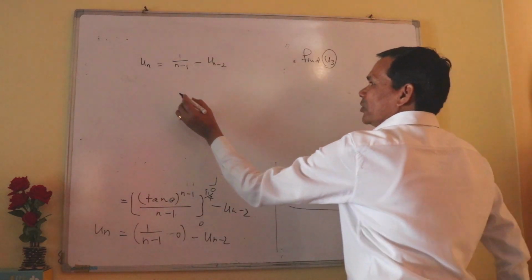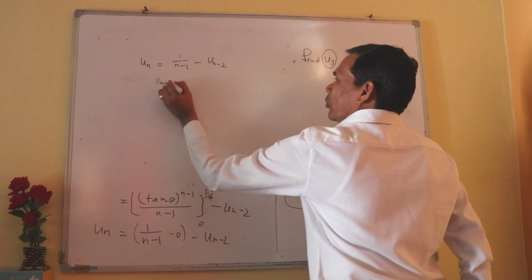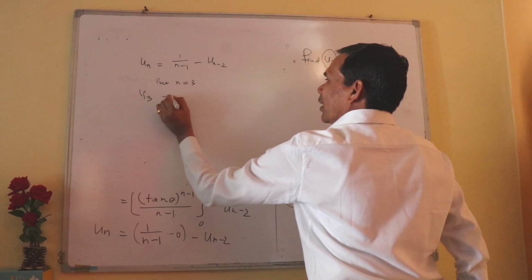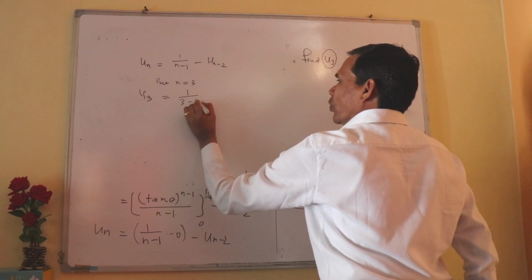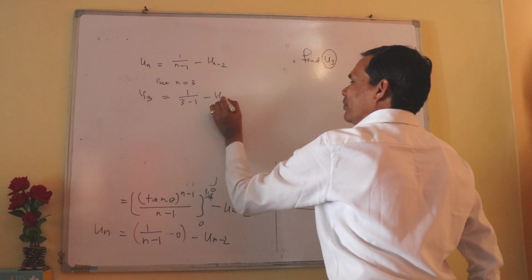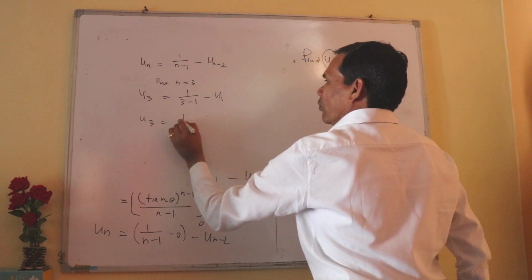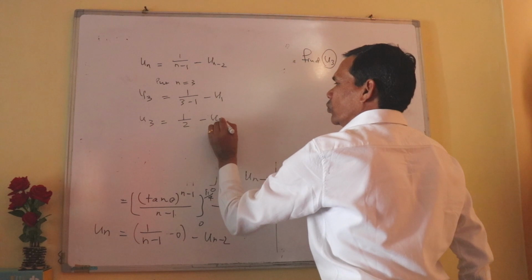So put n equal to 3. What will happen here? It is u3 equals 1 upon 3 minus 1 minus u3 minus 2, meaning u1. So u3 is equal to 1 upon 2 minus u1.